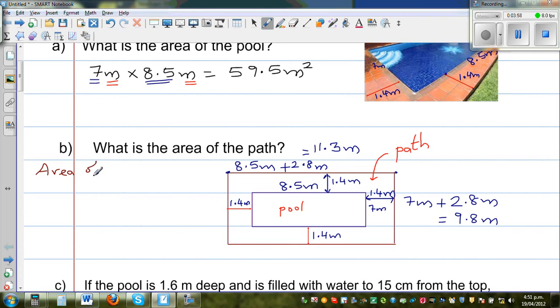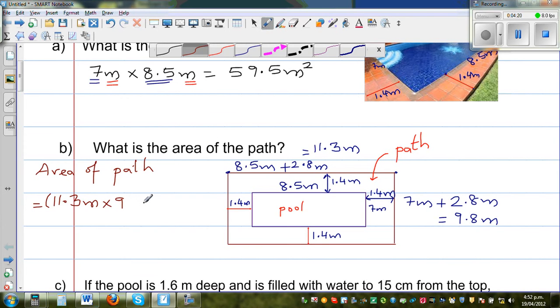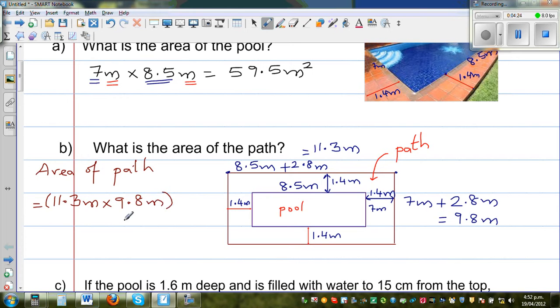So the area of the path would be the area of the outside rectangle, which is 11.3 meters, I'll write the units, times the width, which is 9.8 meters. So this is the area of the brown rectangle, minus, we already know the area of the pool, we've already done this, so we don't need to do this again.